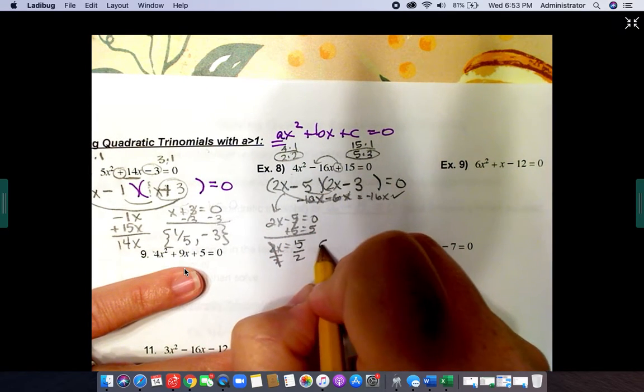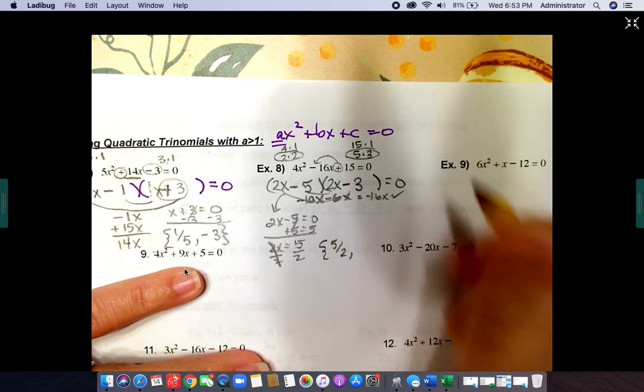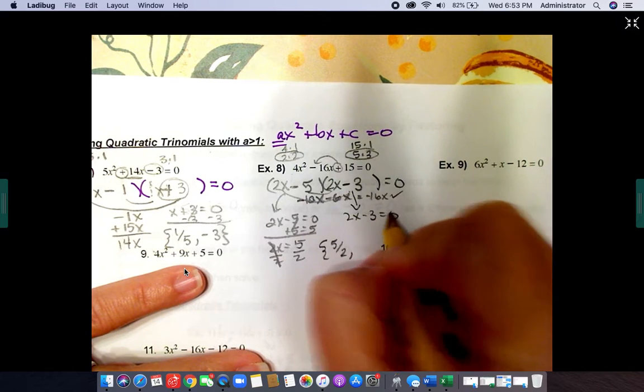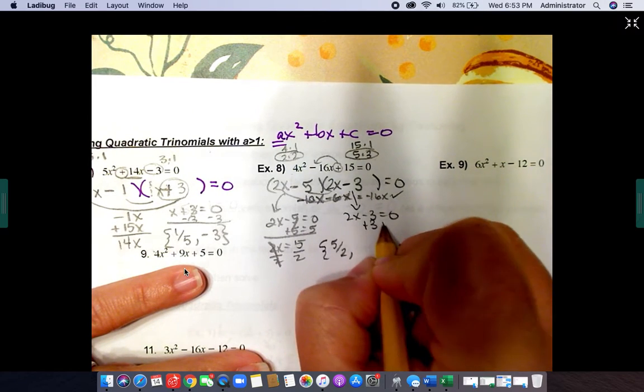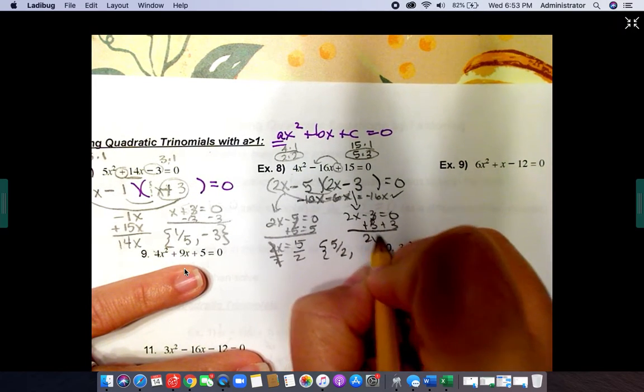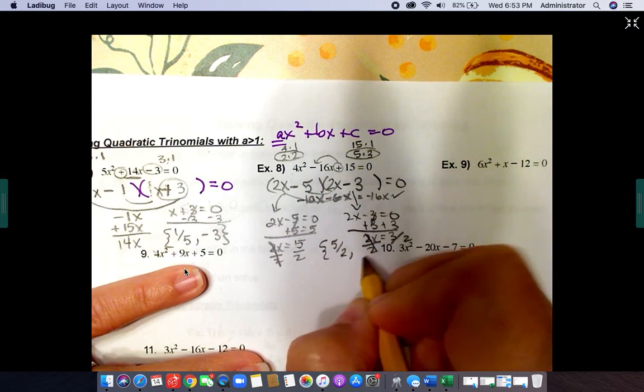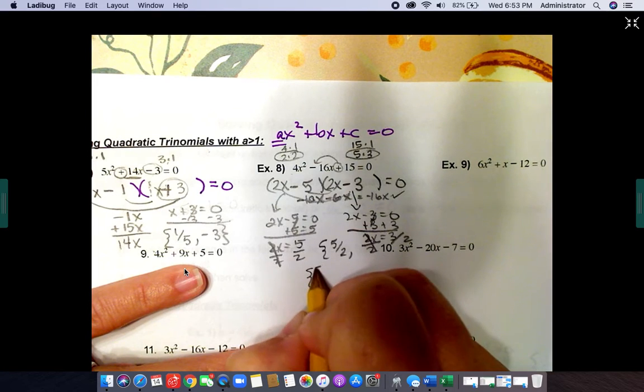So that's one of my solutions, 5/2. And when I take my other factor, set it equal to 0 and add 3 and then divide by 2, I get 3/2.